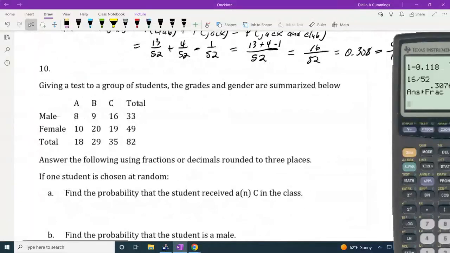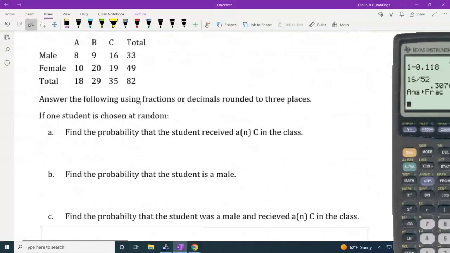Okay, that deals with the contingency table or the two-way table. So we have males and females, and then we have grade totals. Right. There's 82 males and females combined, and there's also 82 letter grades, A, B, and C. So on these problems, remember, if you see the word given, you have to restrict your denominator.